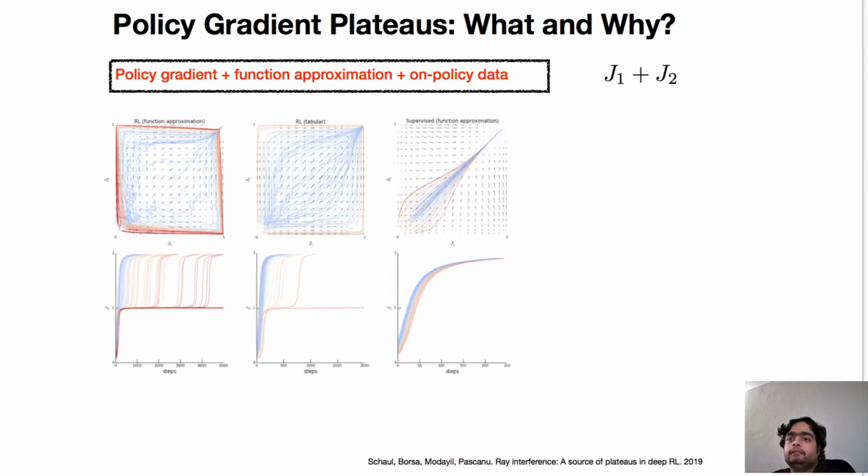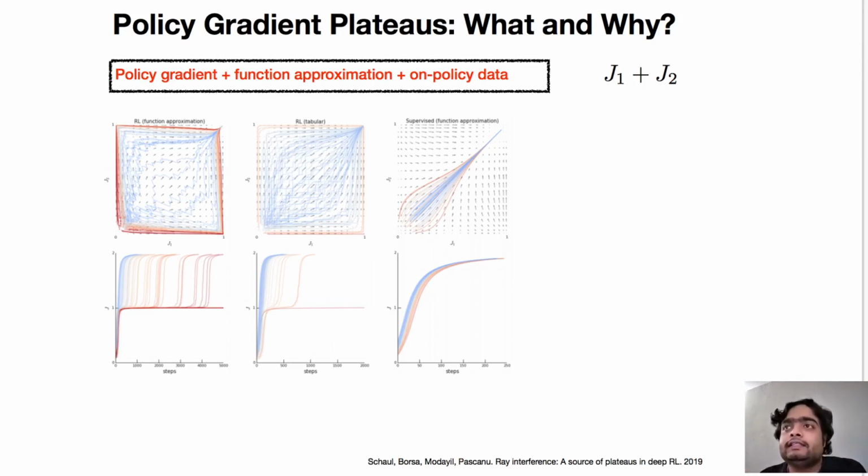Now, what this paper did was they ran policy gradient on this example in the function approximation setting, which is the first curve, the tabular setting, which is the middle part, and they ran a supervised training, which is the third part. Supervised training is just for a different objective.